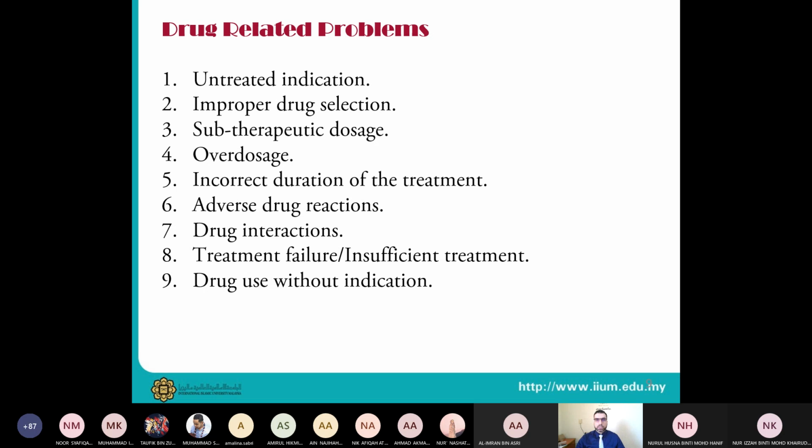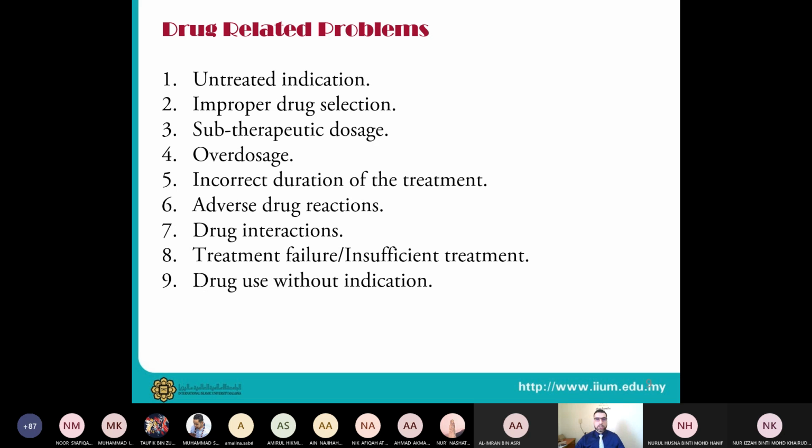The patient has diabetes and advanced renal impairment and was prescribed metformin. It's indicated, right, for diabetes, but it shouldn't be used in this particular patient because of the other disease, renal impairment. So this is improper drug selection.